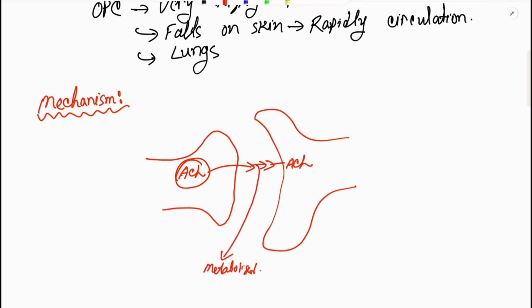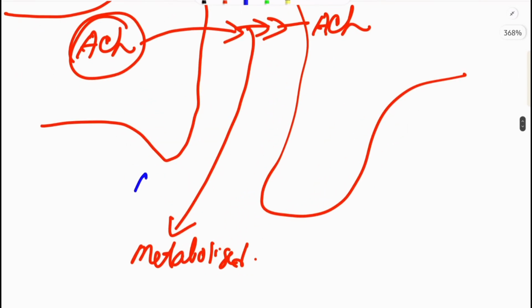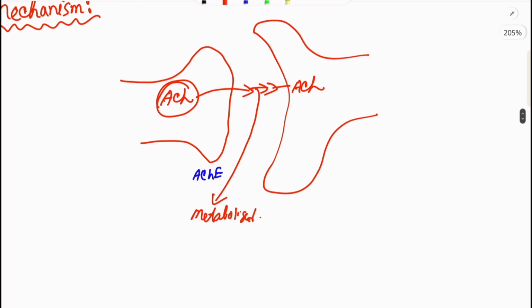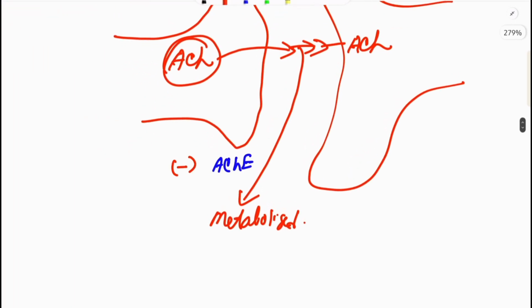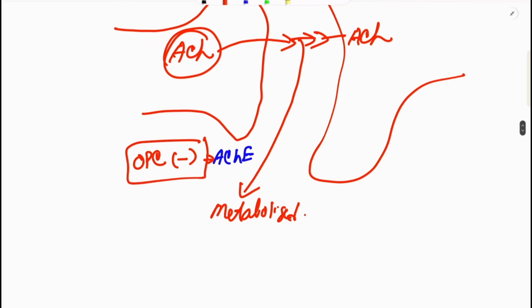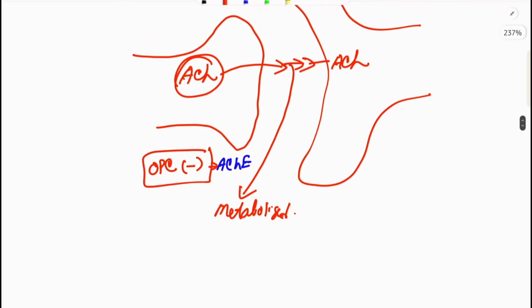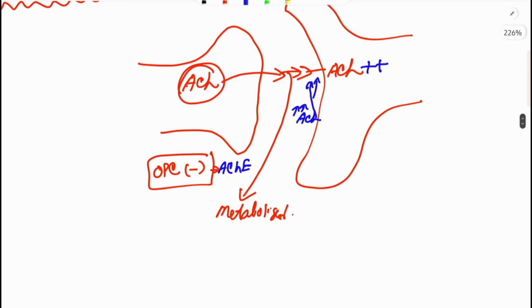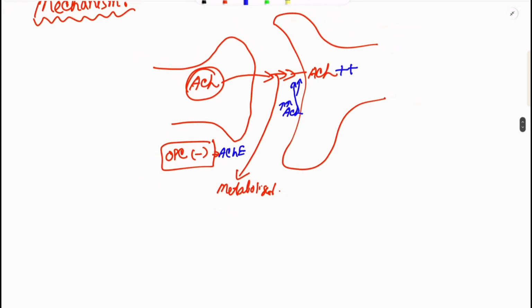The enzyme which helps in metabolism is acetylcholinesterase, and organophosphorus compounds mainly inhibit this enzyme. Inhibition of acetylcholinesterase results in an increased amount of acetylcholine in the synaptic cleft. So more acetylcholine will bind to the acetylcholine receptor and there will be more stimulation of the cholinergic or parasympathetic nervous system. This is the gross mechanism.